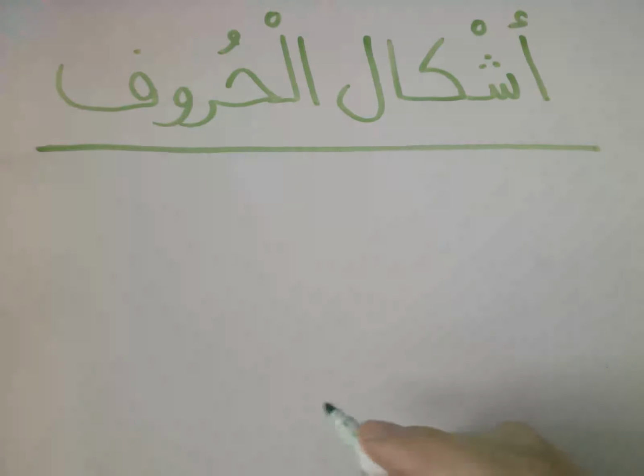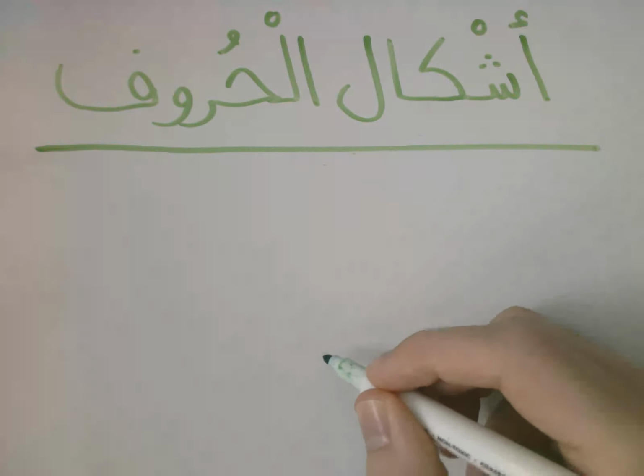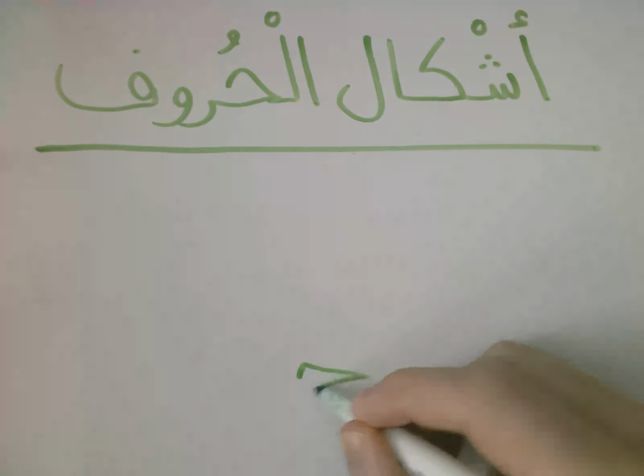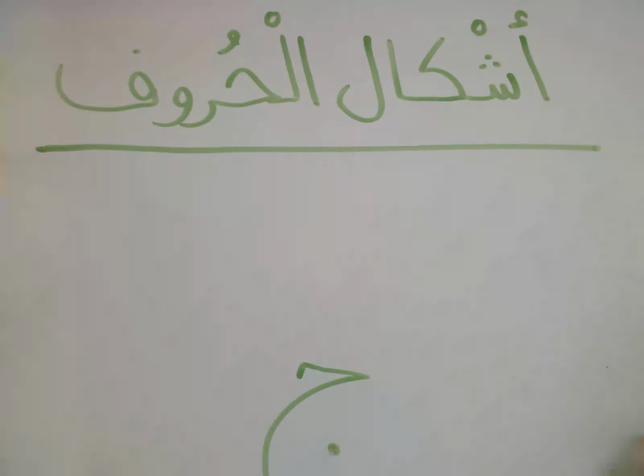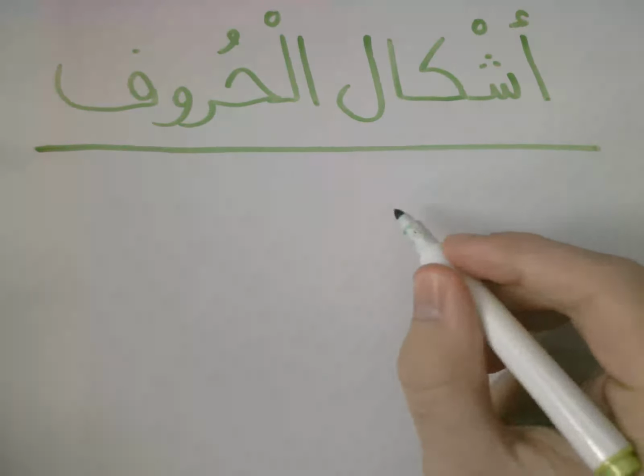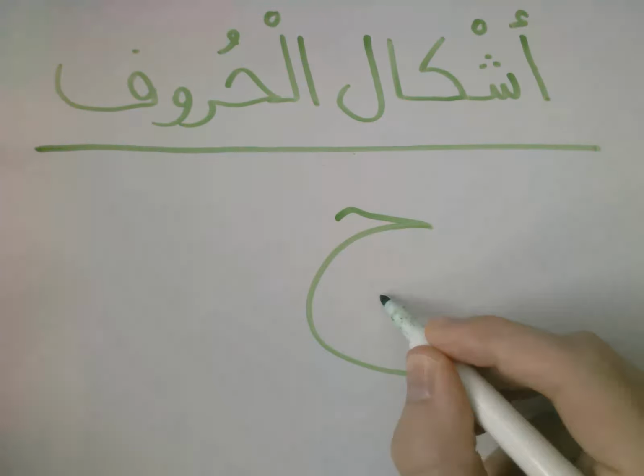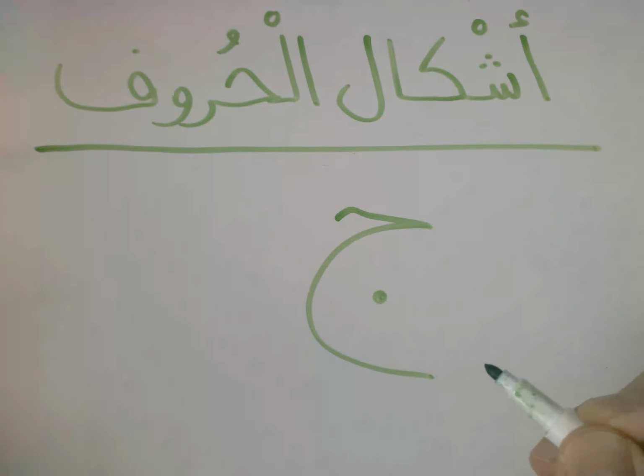Okay. Isolated form I'm going to write down here, so it doesn't get in the way of us actually doing all the 3 forms for initial, medial, and final. So I will write it once here. Jim.